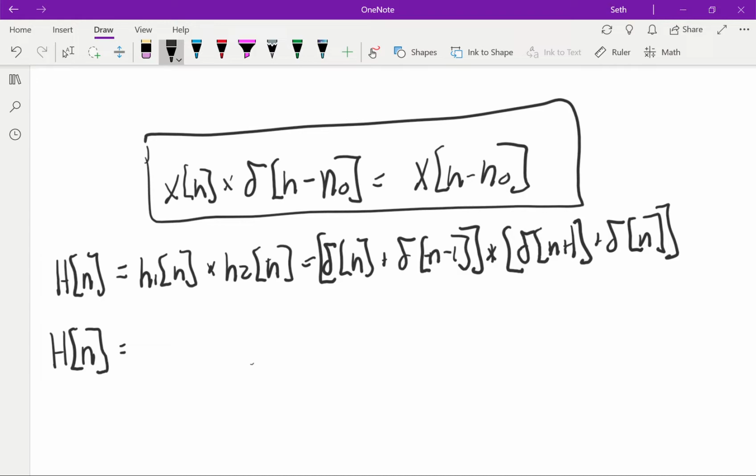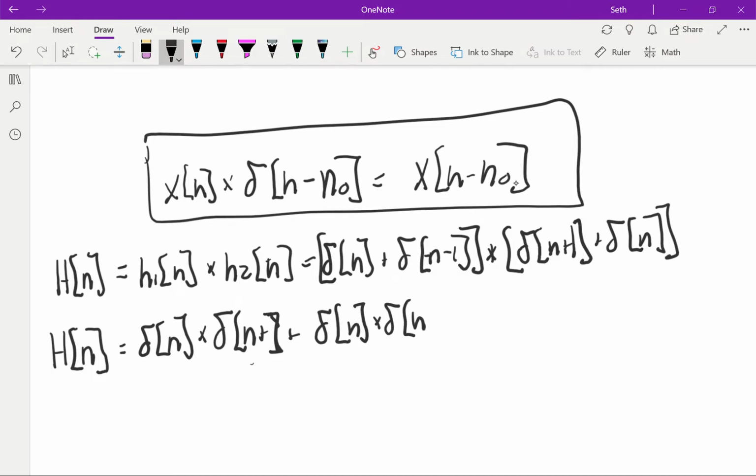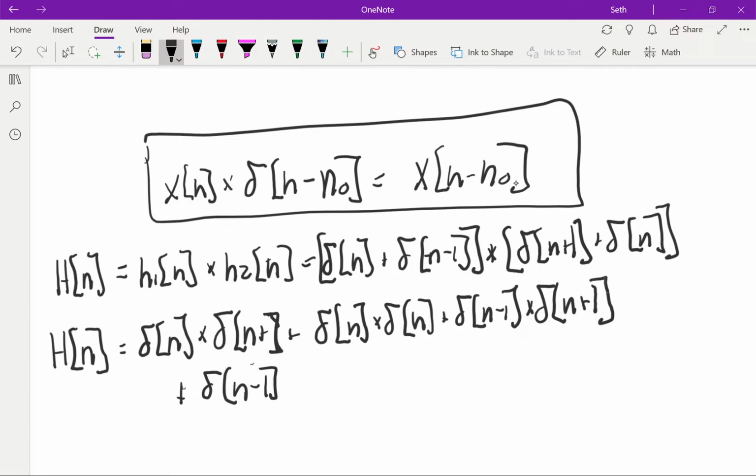We're still going to have the convolution operation, of course, but we can write delta n convolved with delta n plus 1, plus delta n convolved with delta n, plus delta n minus 1 convolved with delta n plus 1, plus delta n minus 1 convolved with delta n.